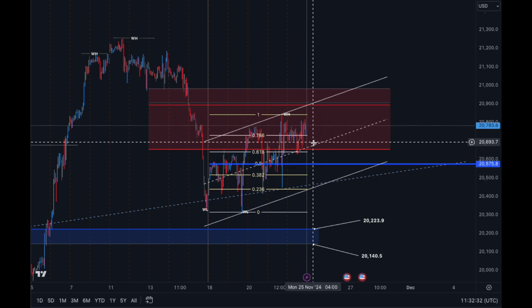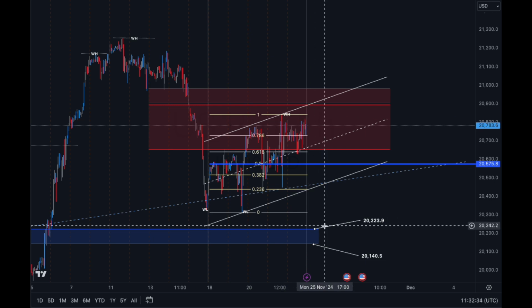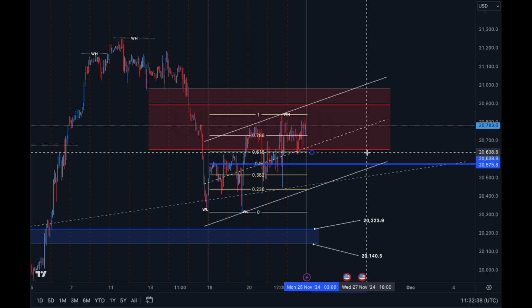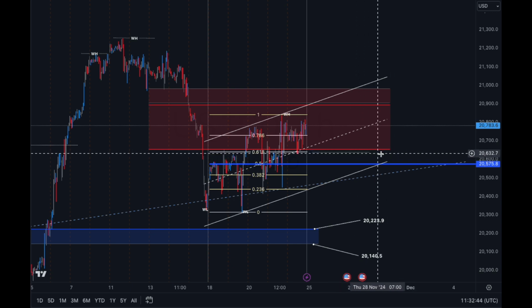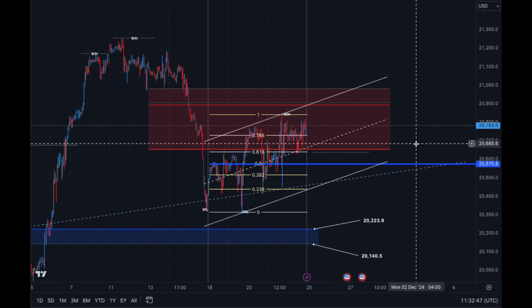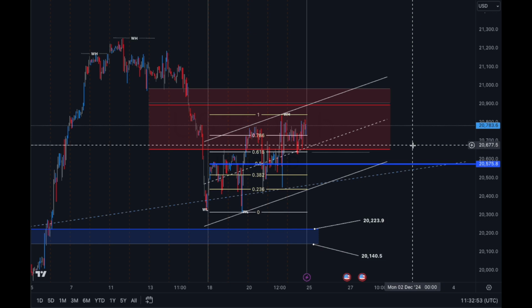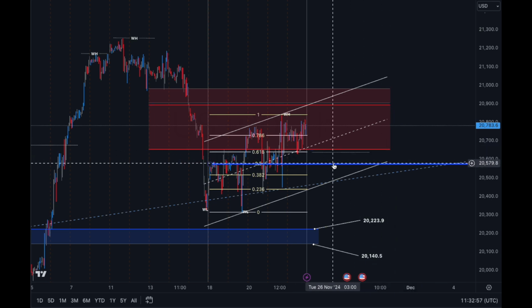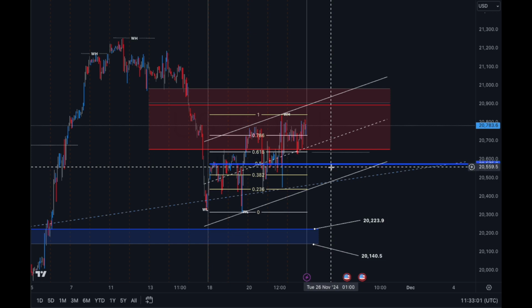Some of you, including myself, if we see price come to around this level and we get a nice close around this level over here, let me make that white, this area right here, I would be very comfortable putting in a sell trade to the downside. But some of you might want to wait for price to come below the 50% level of the Fibonacci before you think about taking your trades downwards.